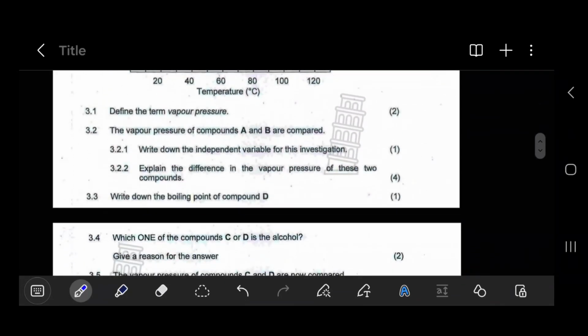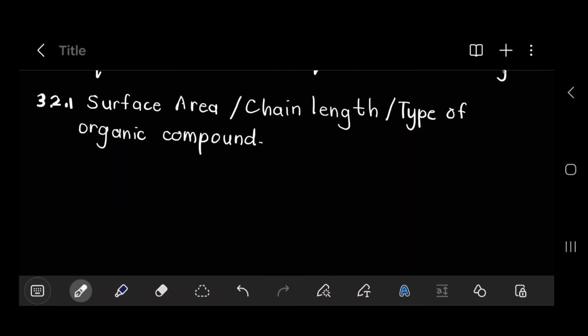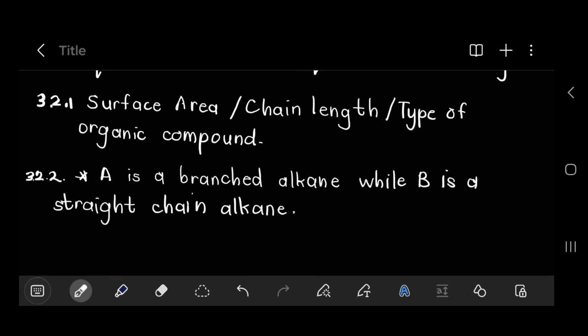Okay, so we need to compare these two, and you can see that the explanation here is 4 marks. So you would definitely get a mark for mentioning which compound or which letter represents which compound, since that information was not given to you at the start. Let's start off by saying A is a branched alkane while B is a straight chain alkane.